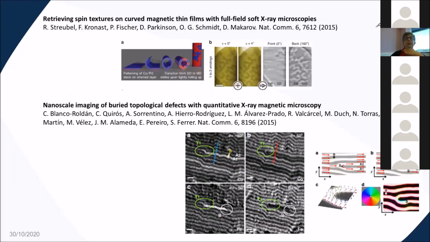The pioneering experiment for this, if I am not mistaken, was this work on tubes of rolled up magnetic membranes done in ALS, Peter Fischer and colleagues at the Advanced Light Source in California.